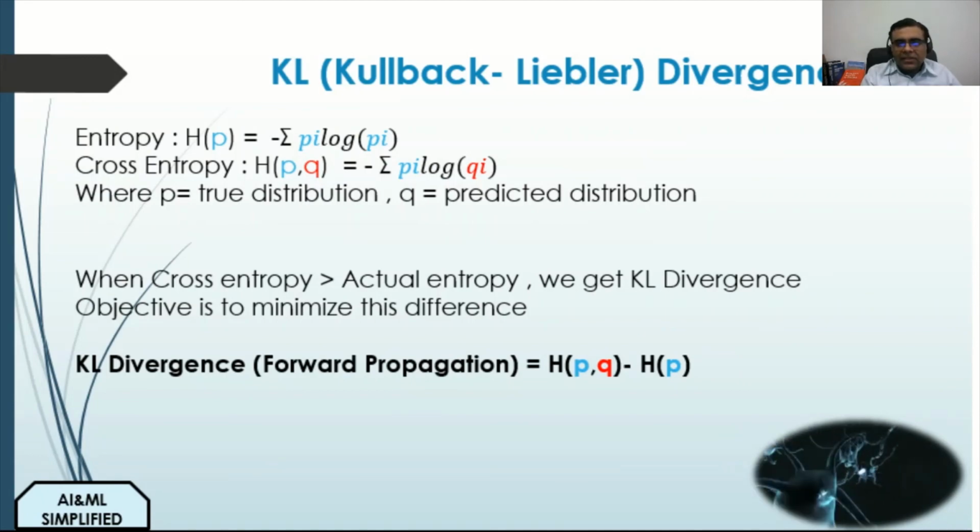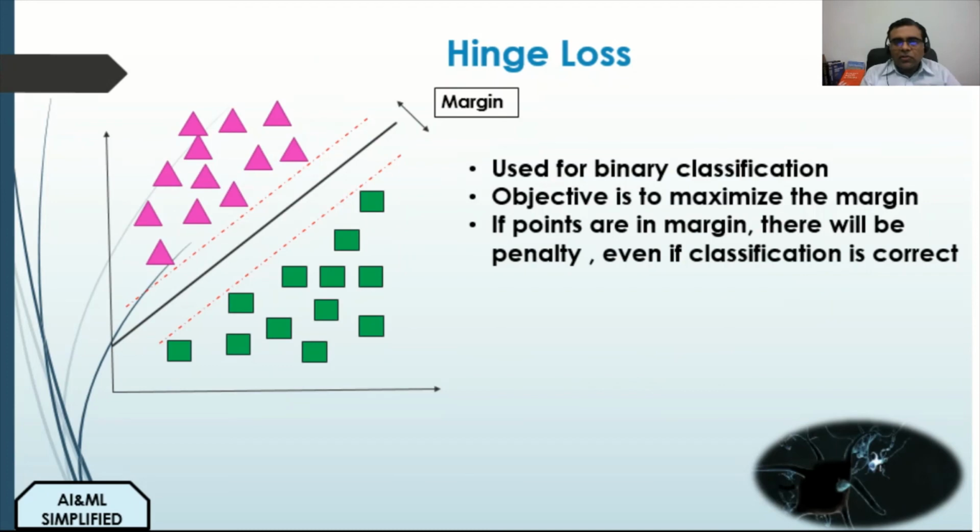Whereas in the cases where the probability distributions are different and cross entropy is greater than the actual entropy, we call KL divergence as cross entropy minus actual entropy, HPQ minus HP. So our objective is always to minimize this KL divergence so that we are able to reduce the loss.